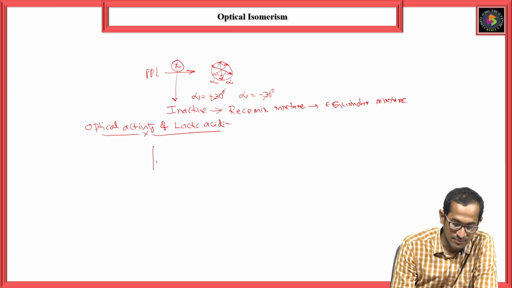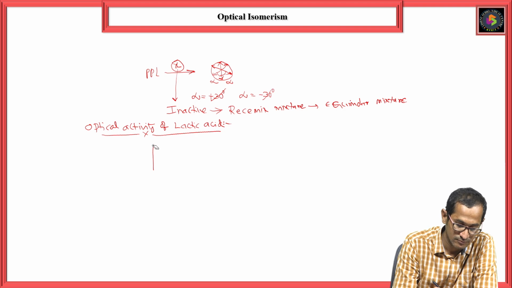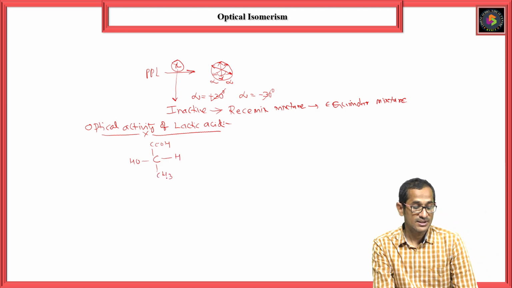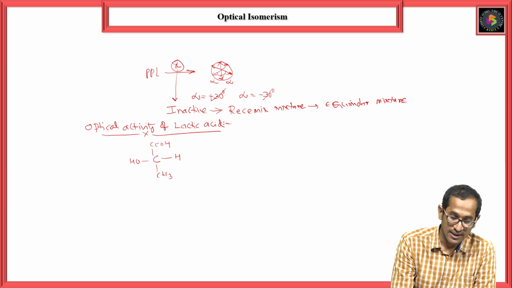Generally, the structure of the optical isomerism is, right. So this is lactic acid, 2-hydroxypropanoic acid.